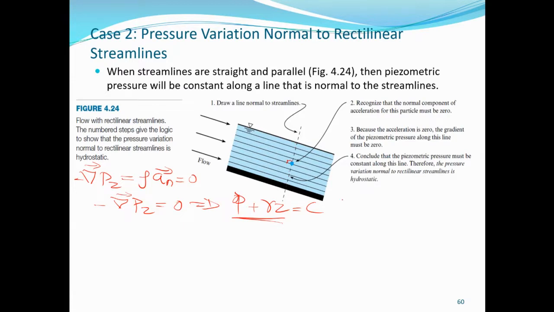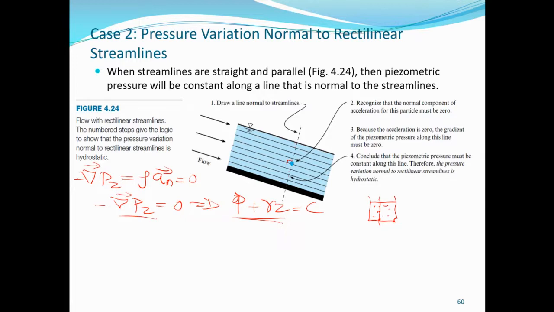We use this to derive the hydrostatic pressure condition, the hydrostatic differential equation, in which we said when you have static fluid, the piezometric pressure at all points is the same. So when you take a section, the piezometric pressure on this is constant. The same thing here, when it is normal, the piezometric pressure remains the same.